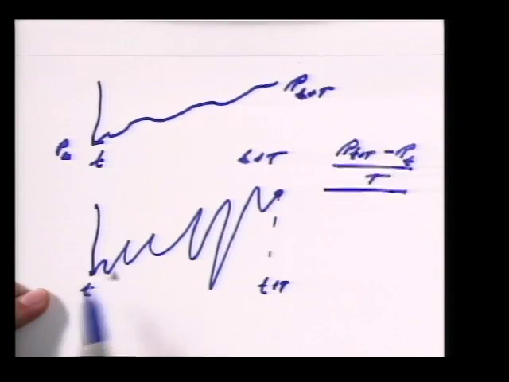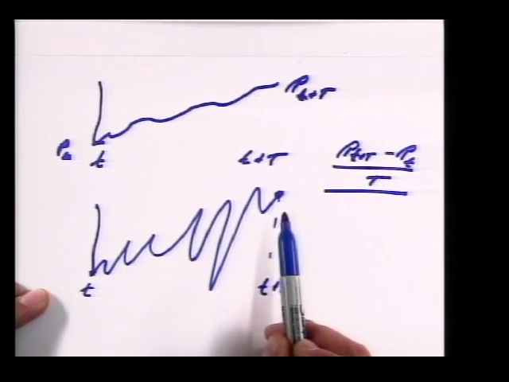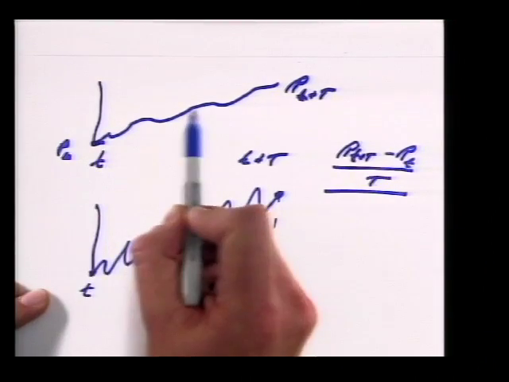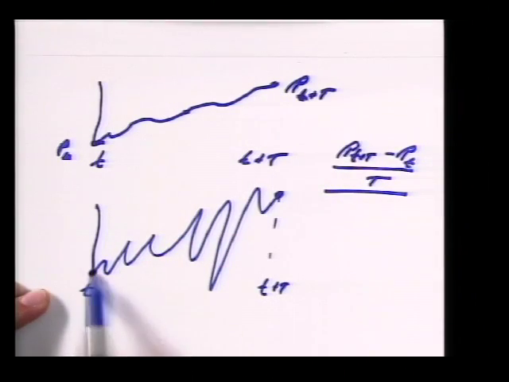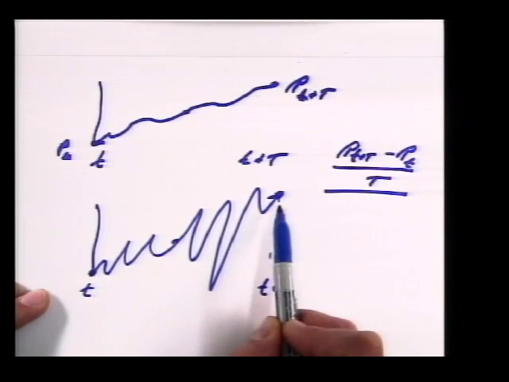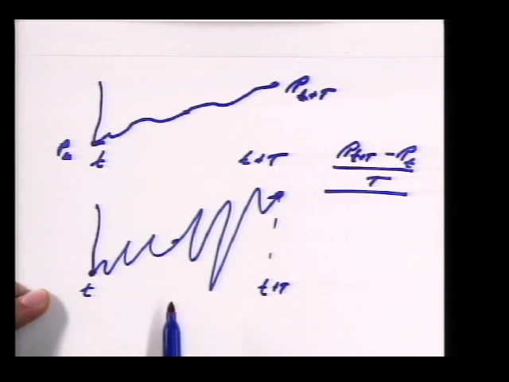But it's clear that when you look at this, this is a much more volatile price process. I will see that if I get to observe this more and more frequently. If I only had observations, say here, here, and here, and down here, here, and here, and I calculated the variance on the basis of those three observations, I might conclude that these two are equally variable. But that obviously misses the boat completely.